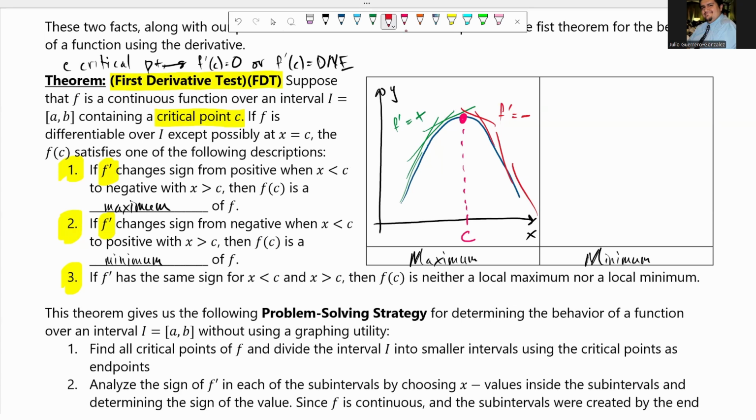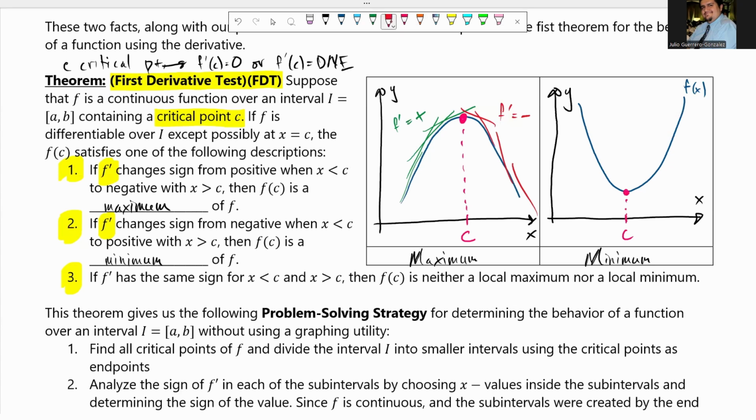Same analysis happens for a minimum, now that you start looking at the derivative as the slope of the tangent line. So again, I'm just going to do my two axes, y and x. Here's my f of x, and here's my critical value c. Again, look at the slopes.